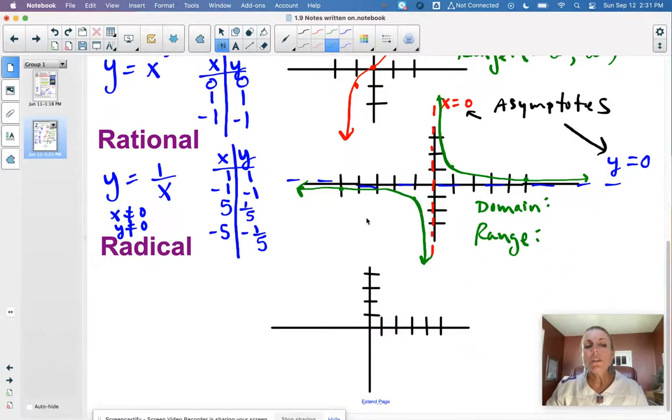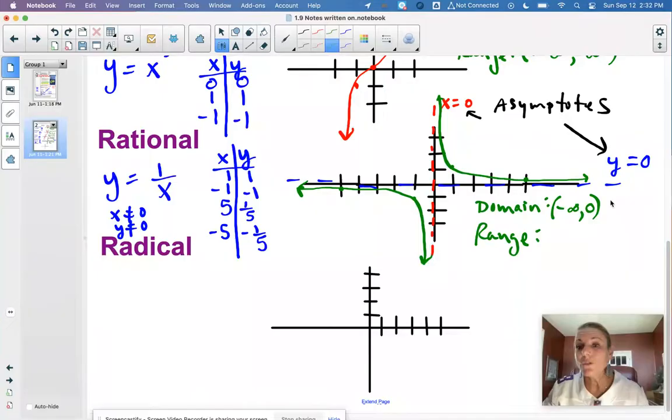So when we look at this graph from left to right, yes, my graph is going to negative infinity, but how we're going to have to write the domain is negative infinity, comma, 0, and then a parenthesis because we're not including 0.